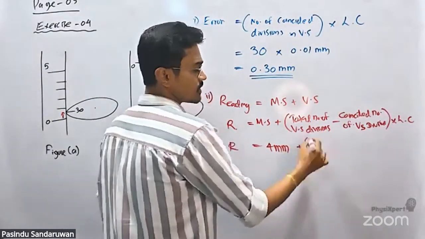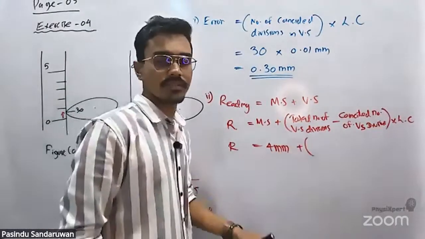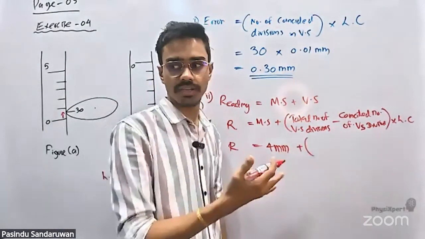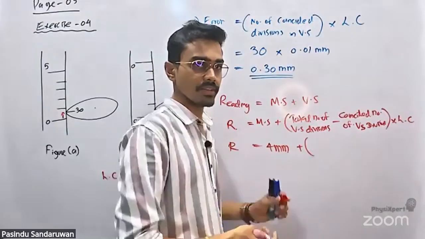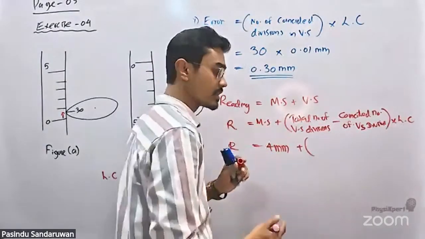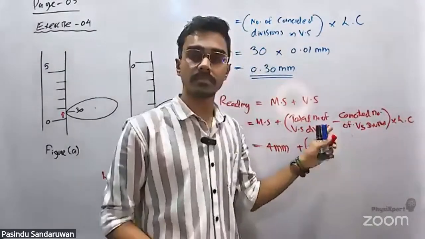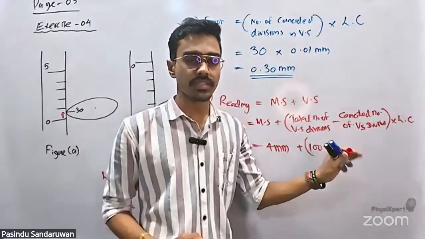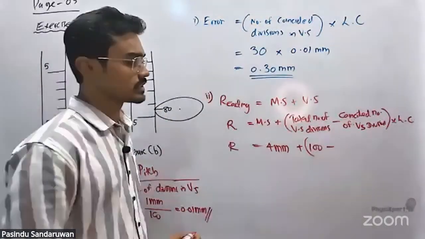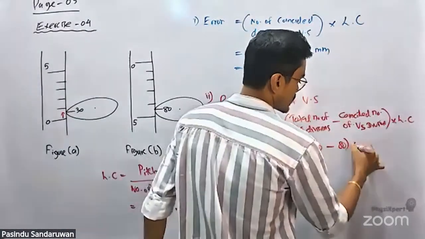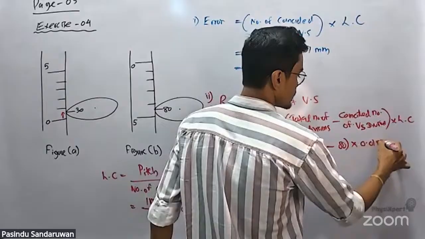Plus the total number of vernier scale divisions, which here is 100, minus the coincided number of vernier scale divisions, 80, times least count 0.01 millimeters.